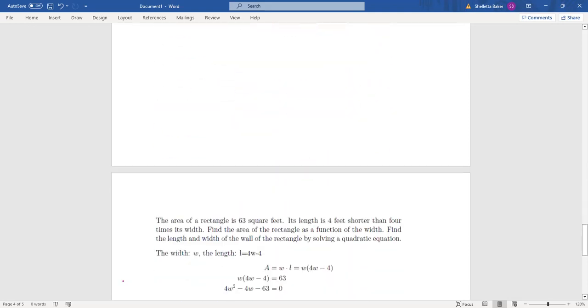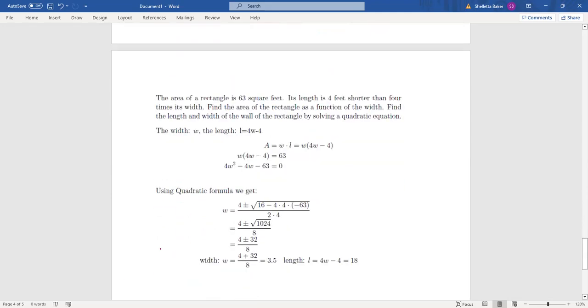Now for the last question, we want to look at the area of a rectangle that is 63 square feet. And remember, the area formula for a rectangle is length times width. Then we're told that the length is 4 feet shorter than 4 times the width.